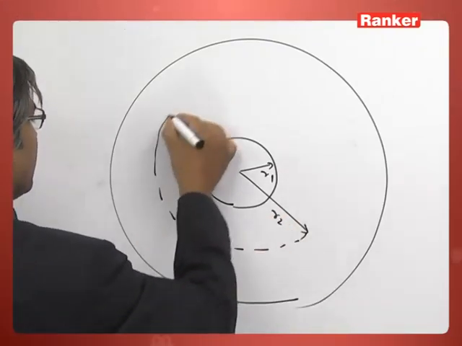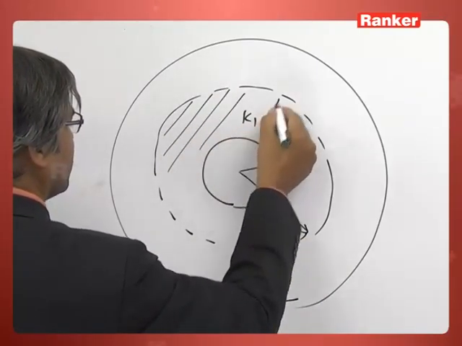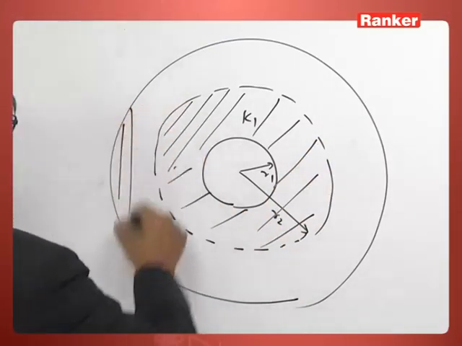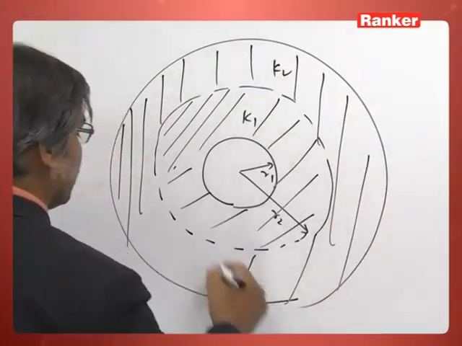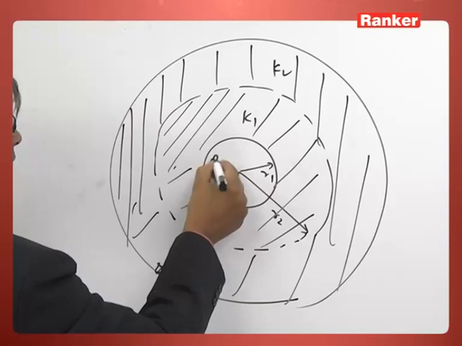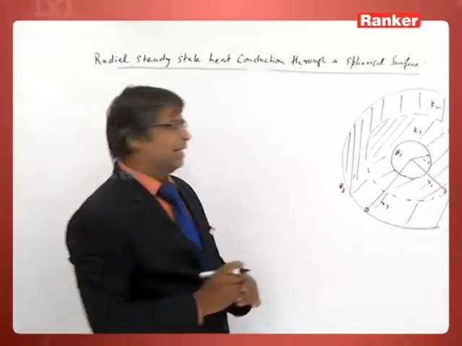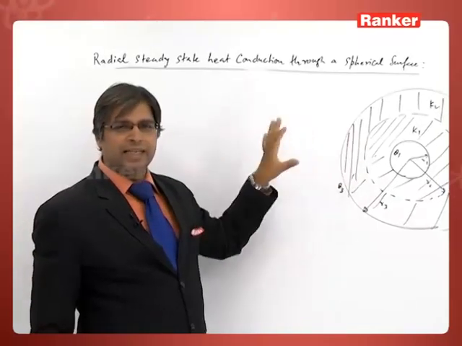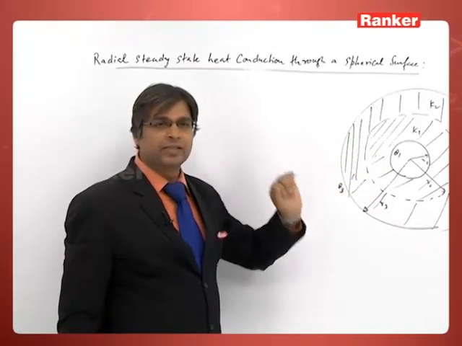Up to this region we have one spherical resistor with K1, and we have another resistor with K2 that extends from R2 to R3. This is theta 1 and this is theta 3. We are interested in knowing what is the heat current through this composite spherical thermal resistor.